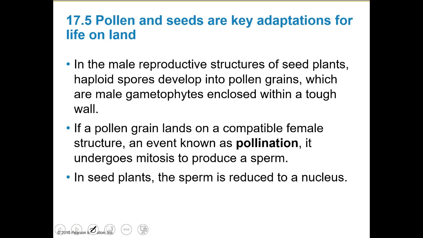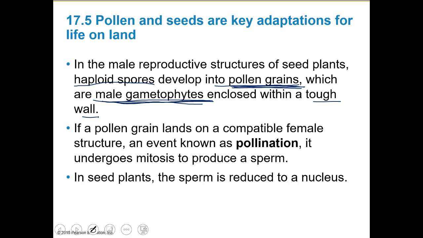In the male reproductive structures of seed plants, haploid spores develop into pollen grains, which are our male gametophytes. That's one of those questions I like to ask. Pollen grains are male gametophytes, and they have a tough wall that encloses them.